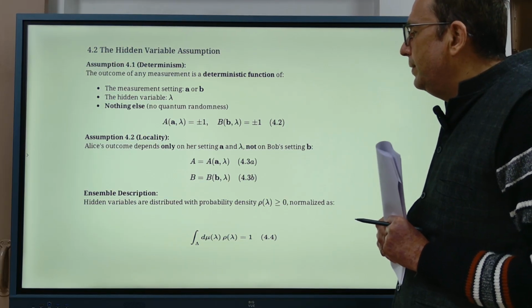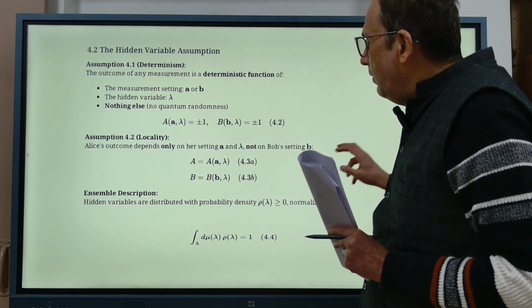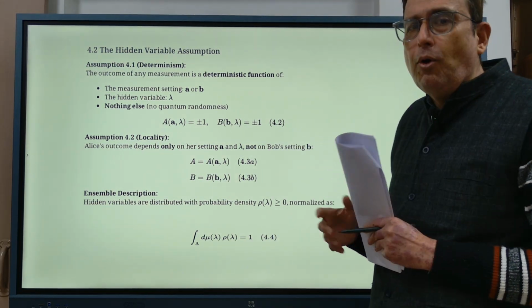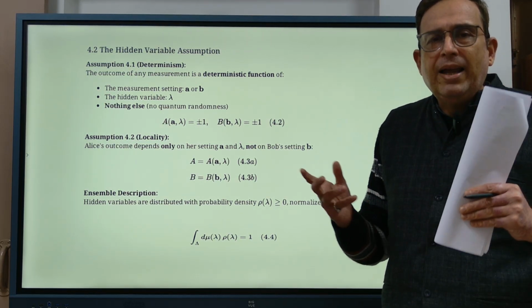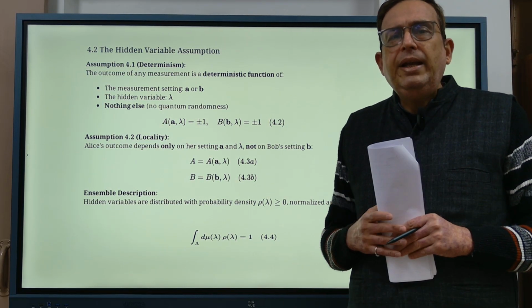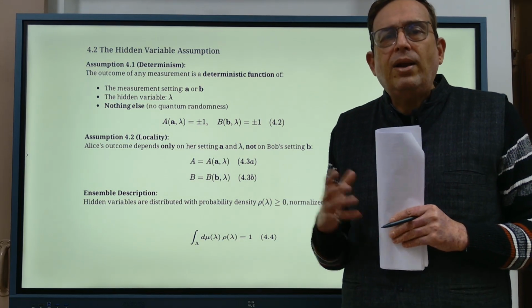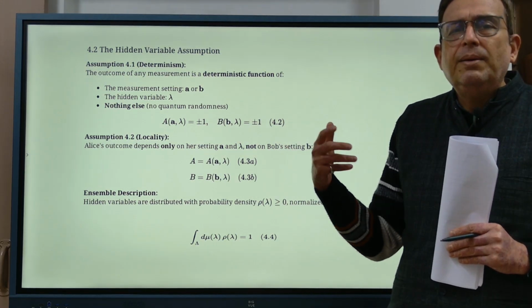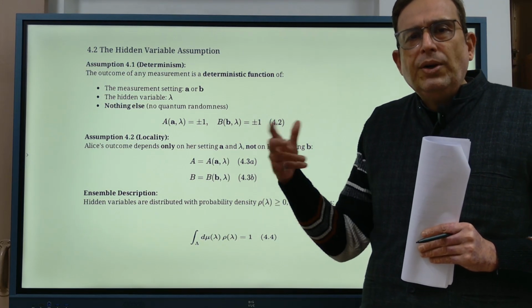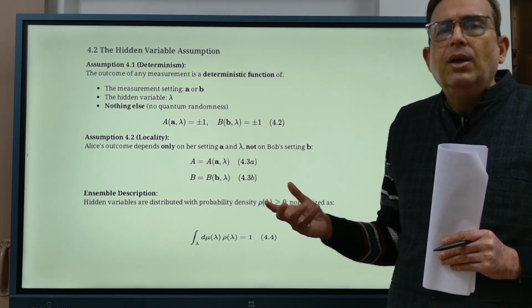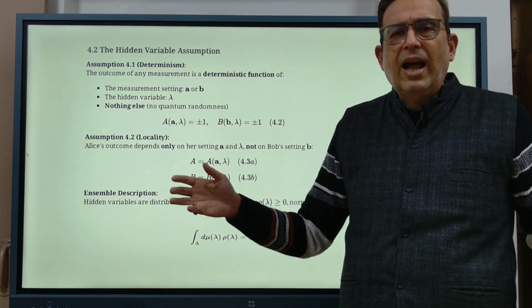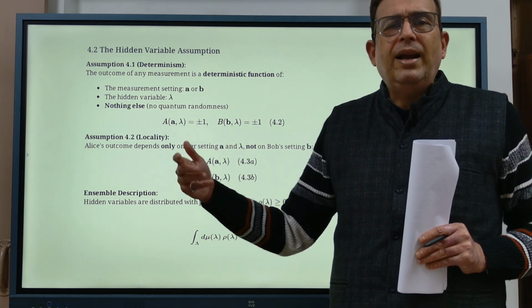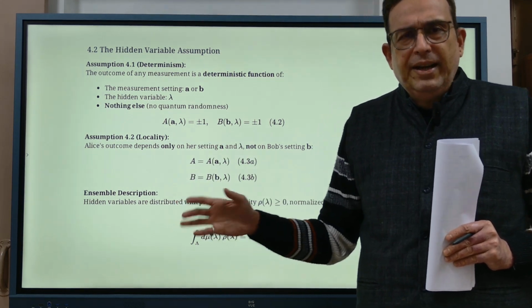Then, of course, the hidden variable lambda has a probability distribution. Let's say a pion disintegrates into an electron and a positron; each particular disintegration is going to have a different value of lambda. So lambda changes with each disintegration of pions. You have a large number of pions, and one after another they are disintegrating.